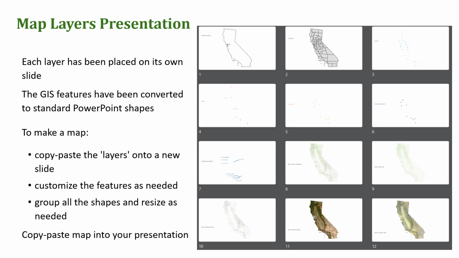To make a map, generally you would create a new slide, copy paste the layers that you want in your map onto that slide, and they should line up, then customize them as needed using the formatting tools. And then when you're all done, group all the shapes together. If needed, resize them, and then copy paste them into your presentation.